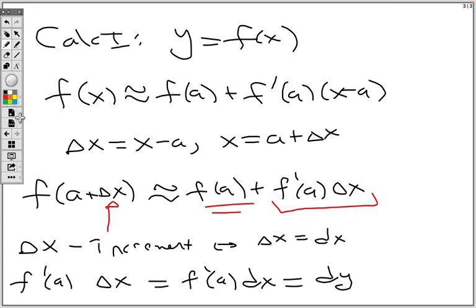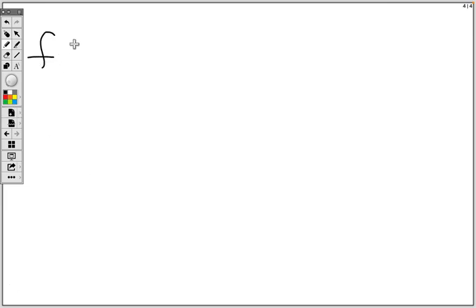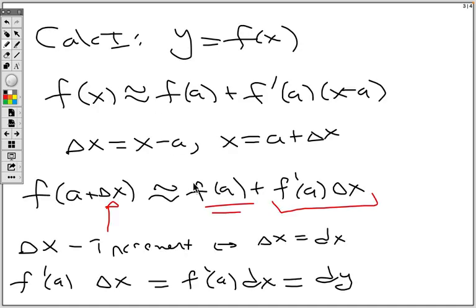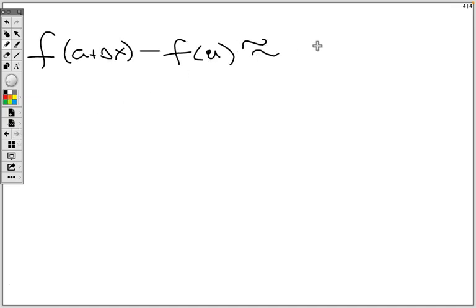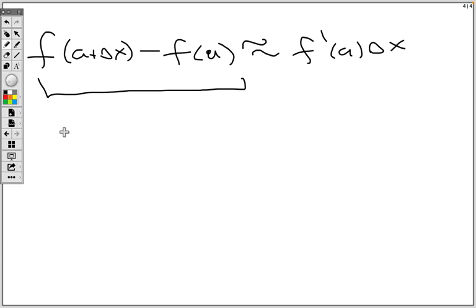And so what we could think of here is, if I look at f of a plus delta x minus f of a, so if I subtract the f of a off here, that would be roughly f prime of a delta x. This is our actual change in f of x.